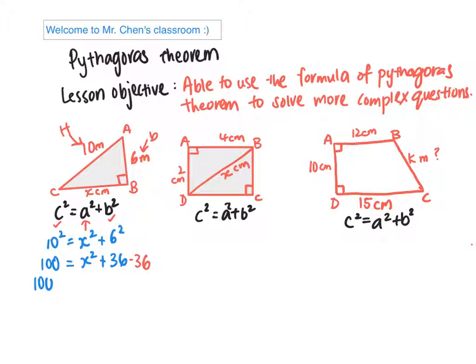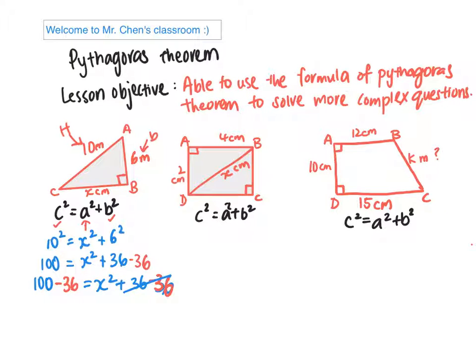So minus 36 on that side as well, and on this side 36 minus 36 is gone.